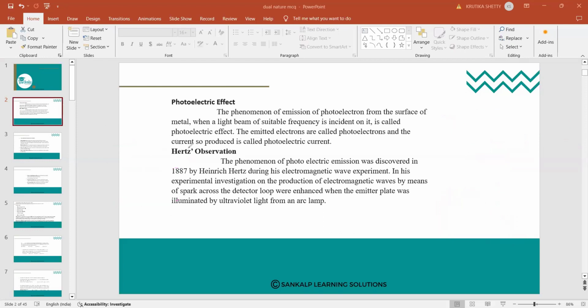Okay. So now we are going for the Hertz experiment, or the Hertz observation on the photoelectric effect. So what is the Hertz effect or the Hertz observation?